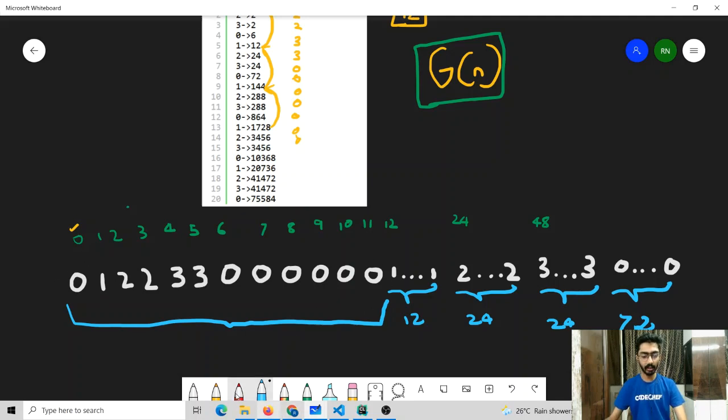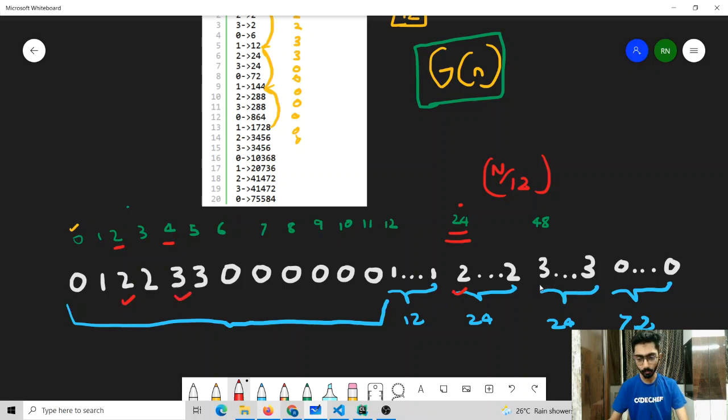But one observation that we can make is, for any value greater than 12, let us consider the value 24. The Grundy number is the same as the Grundy number of n by 12. We can see this by considering that for 24, the Grundy number is the same as the Grundy number of 2, which is 2. For 48, the Grundy number is the same as that of 48 by 12, which is 4.